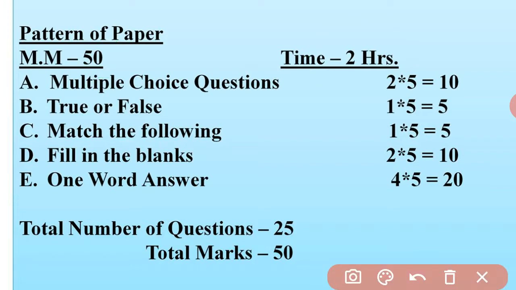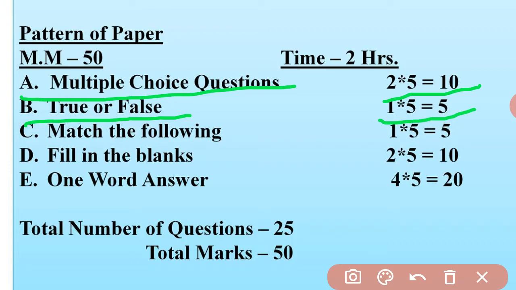First of all look here, your paper is divided into 5 parts. A part is multiple choice questions. There are 5 multiple choice questions, 2 marks each, therefore 10 marks. B part is true false, there are 5 true false questions, 1 mark each, so 5 marks.